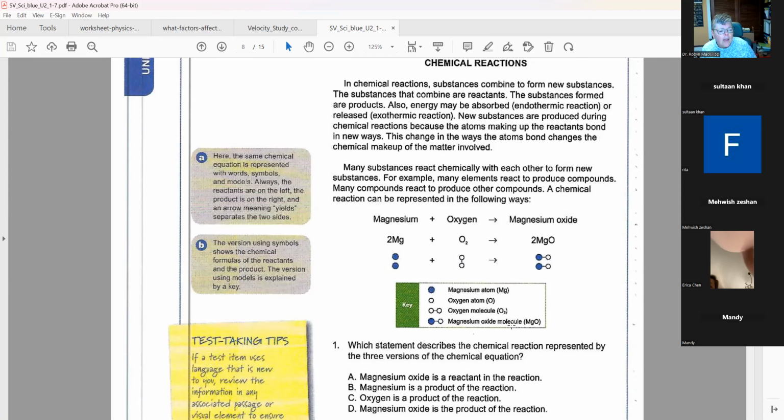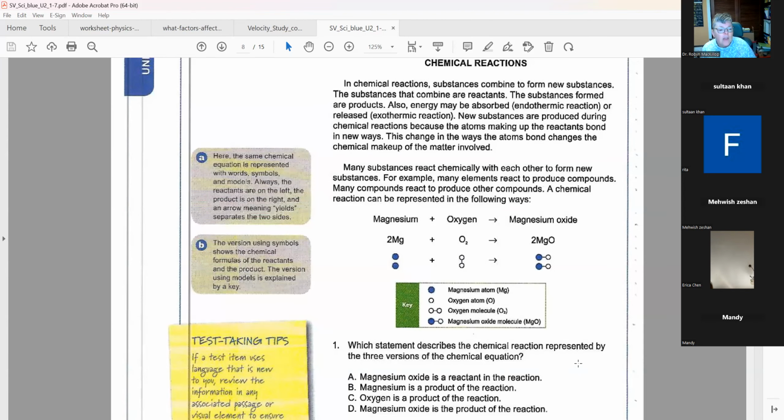So we're looking for a chemical reaction represented by the three versions up here. For the first one, they wrote it all out: magnesium and oxygen turn into magnesium oxide. The second one, they used the symbols. The third one, they used an image. So these are all the same, just written differently.